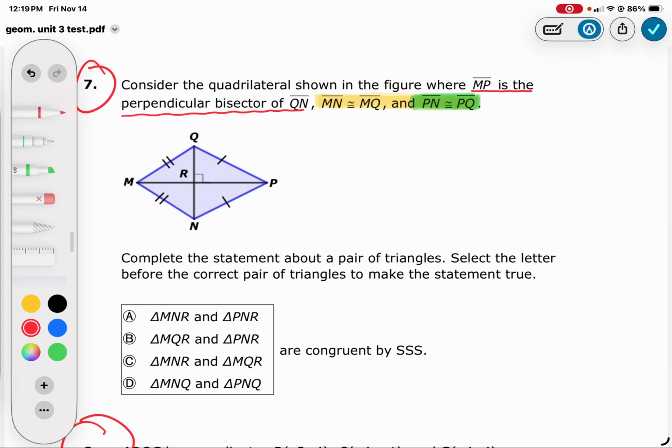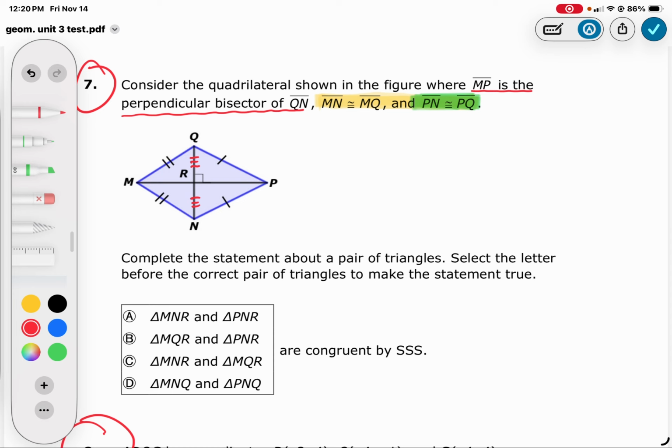So Q to R is congruent to N to R. Okay, and I'm using congruency markings that have 3 because they've already used a congruency mark of 1 and a congruency mark of 2. So we're going to use the congruency mark of 3.